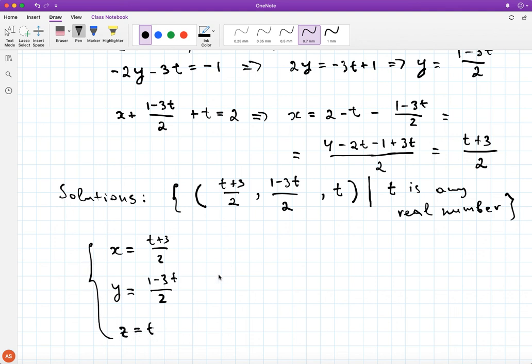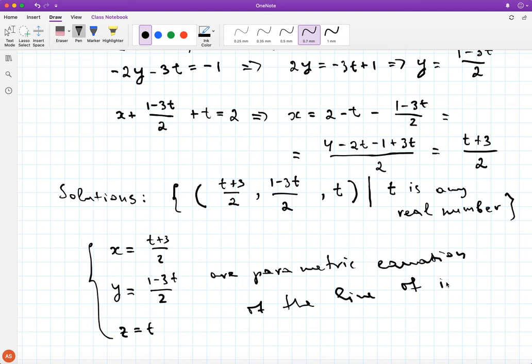These three equations are parametric equations of the line of intersection of our three planes.